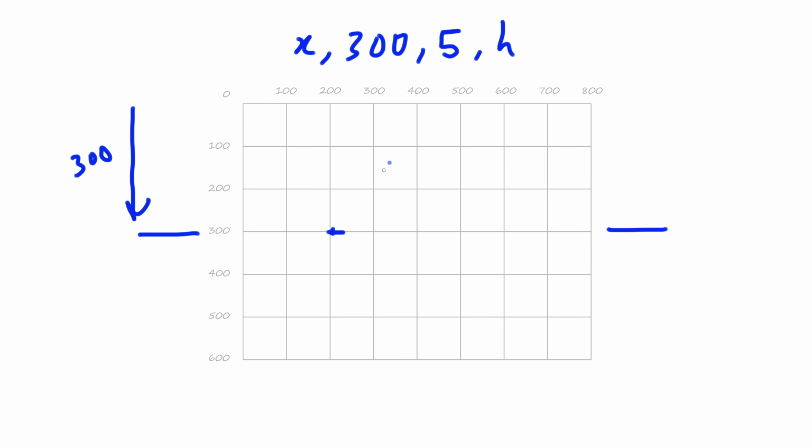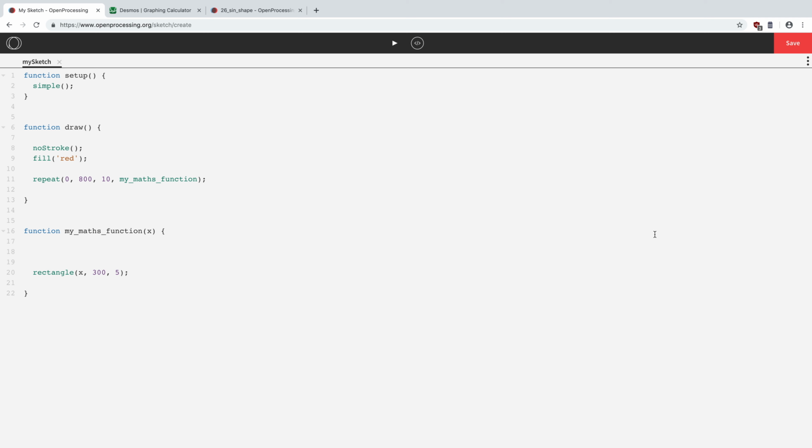And then a height, let's call it h, which is calculated from sine. And as it moves along, that height will change because the sine wave goes up and down. So we've got x, 300, a width of 5, and a height.